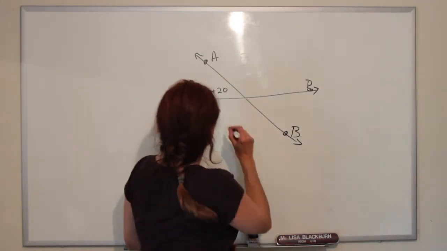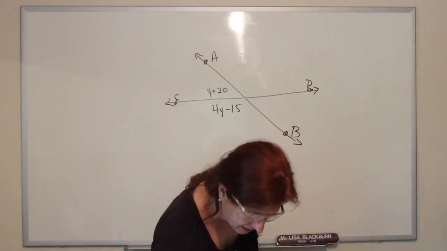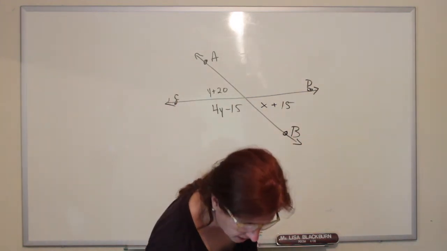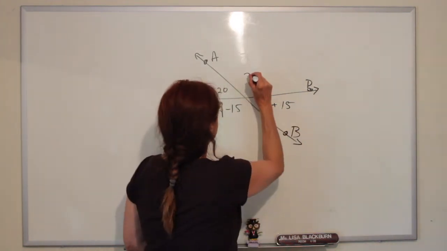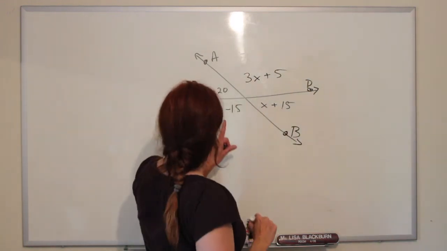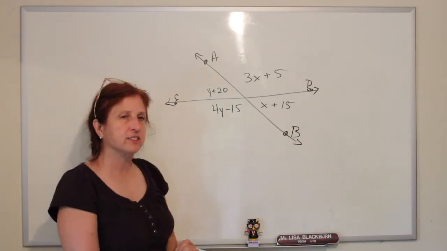This one is 4y minus 15. This one is x plus 15. And this one is 3x plus 5. All right, so they want us to solve for x and y.